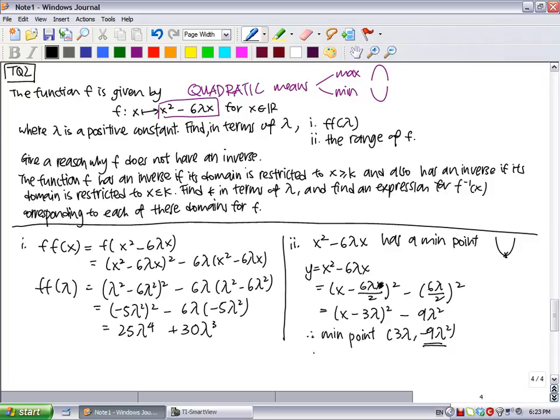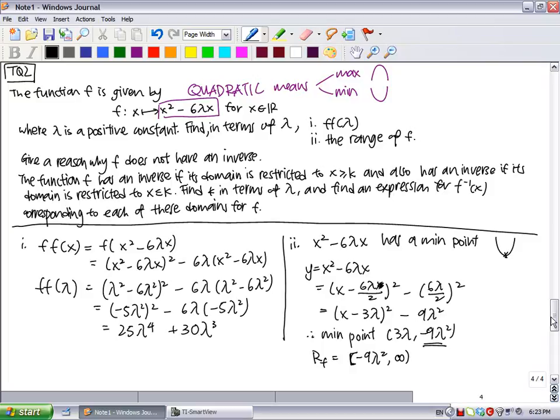So my range of f then needs to be from negative 9 lambda squared to infinity, and it should be a square bracket. Okay, so that's the first bit.